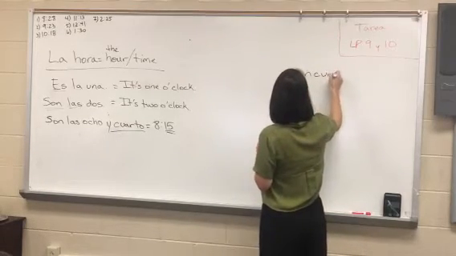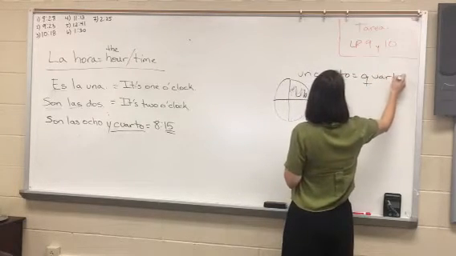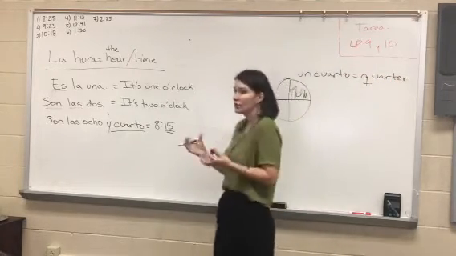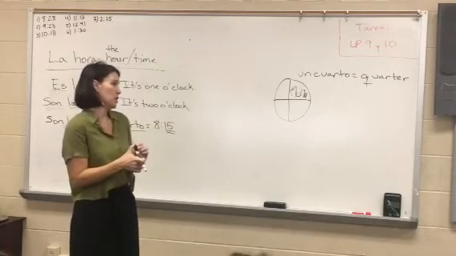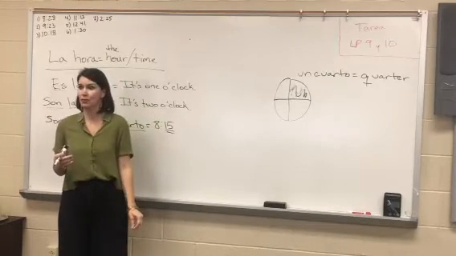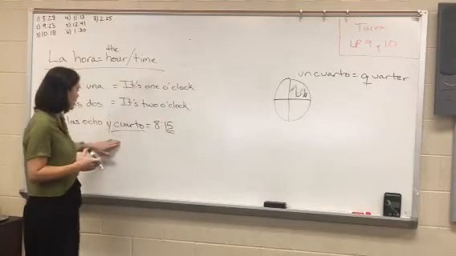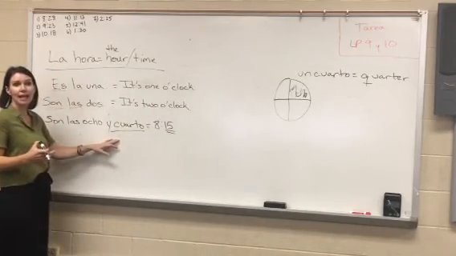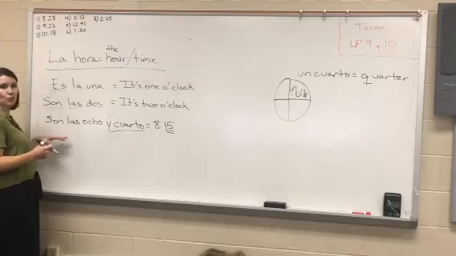Un cuarto. So it equals a quarter. So cuarto literally means quarter. Make sure that you have that written on your paper because we're going to use that in some other context other than time at some point, okay? So a quarter is un cuarto. Okay, and then if I wanted to say it's 8:30, you're going to say the same things for 8. So what do I say?